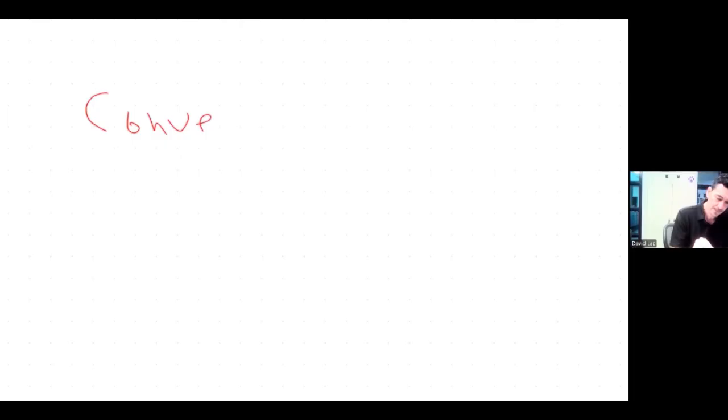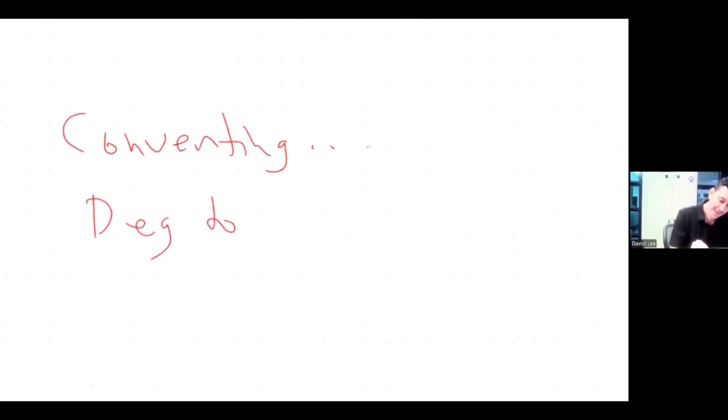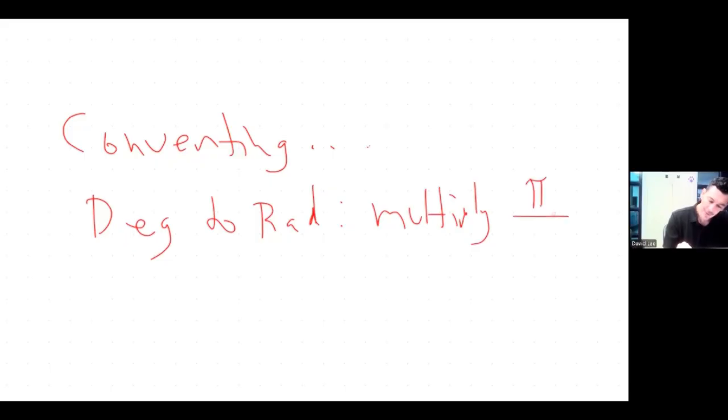Converting degrees to radians. Here's what you do. If you want to go from degrees to radians, you multiply by pi over 180.